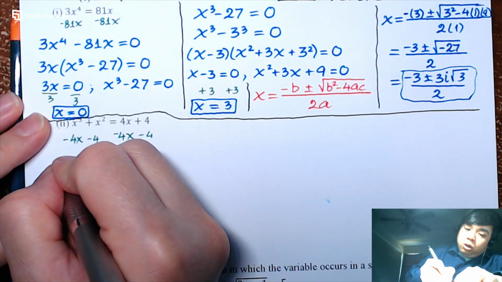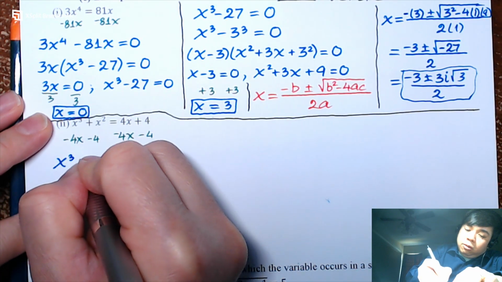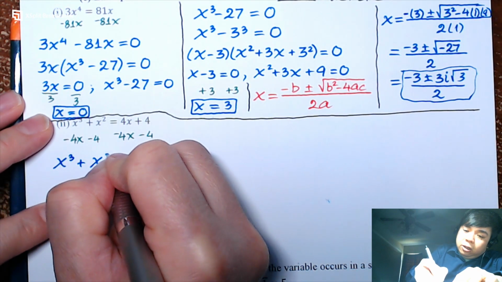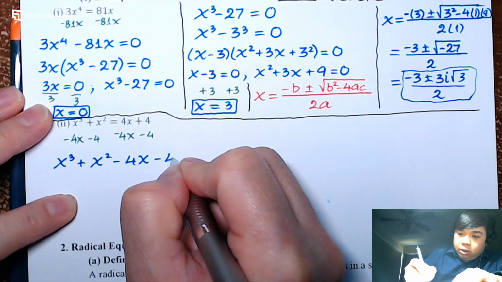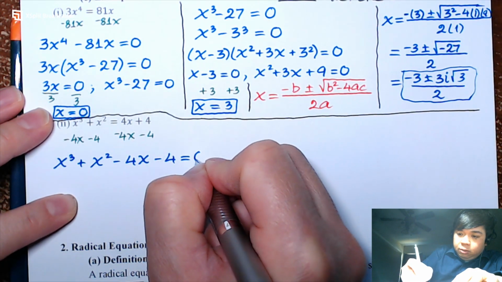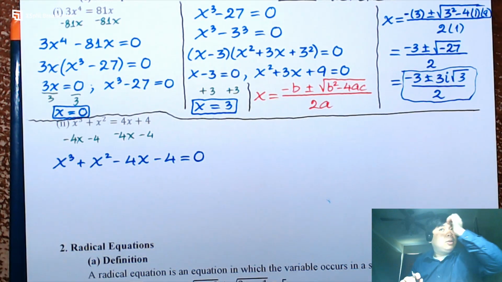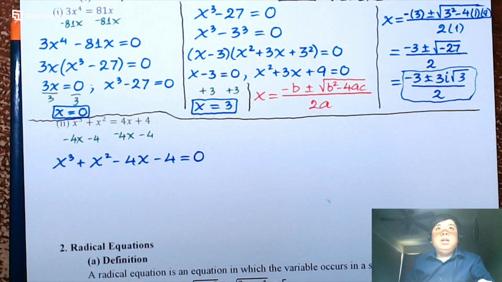So x cubed plus x squared minus 4x minus 4 equal to 0. Okay, now this one is a little bit different from the previous one. We have 4 terms, so just group the first 2, group the last 2.